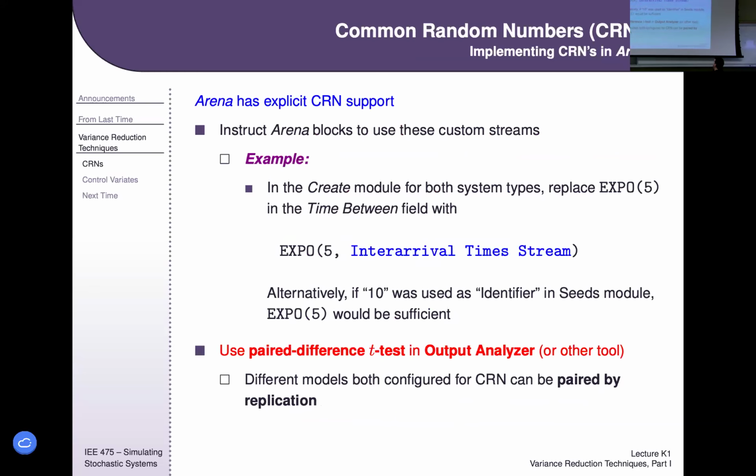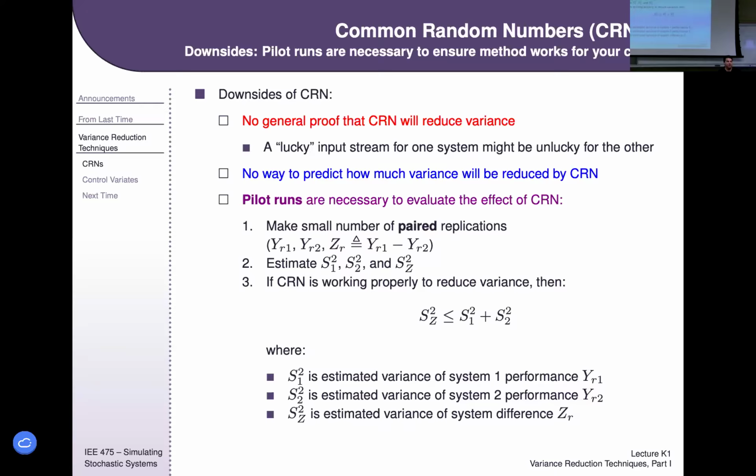So the downsides of this: does it always work? It doesn't always work, because it may be that the two systems you're comparing are so different that a hard input for one system is an easy input for another system. If that's the case, then doing what we just said is actually going to make things worse. So before you use common random numbers on a large number of replications, you should pilot it for a small number of replications.